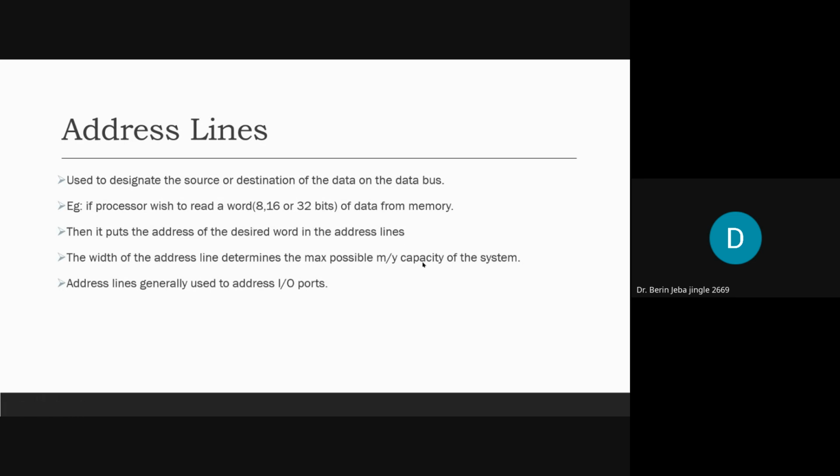Address lines are generally used to address the I/O ports also. For each input and output port there is a unique address, so the address line is used to address the I/O port also.